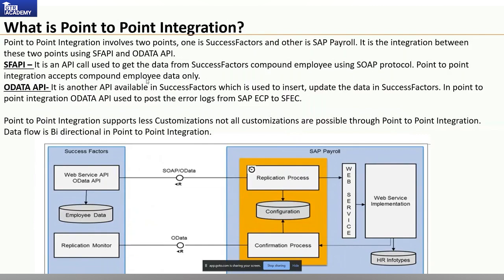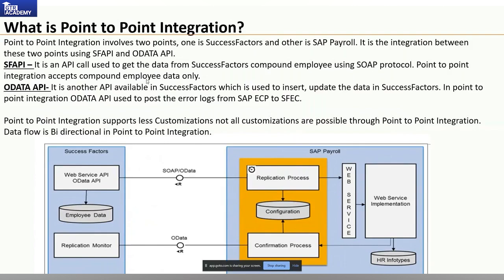Why do we have two different APIs here? SF API is always used to pull the data from Employee Central. What kind of data, if you ask? It is master data or payroll master data, because when payroll has to run the payroll for all the employees, it has to have the updated information.